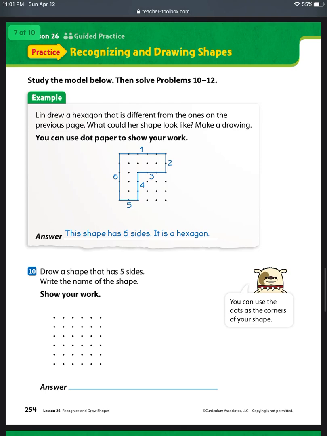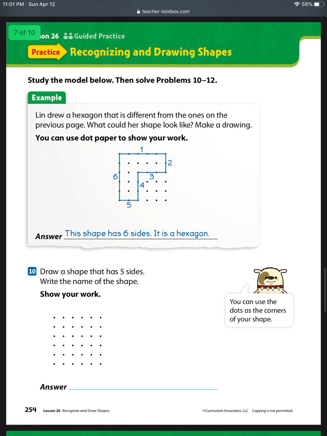So here's our example. Lynn drew a hexagon that is different from the ones on the previous page. What could her shape look like? Make a drawing. You can use dot paper to show your work. All right, so we know that a hexagon has 6 sides. So Lynn's hexagon has 6 sides.